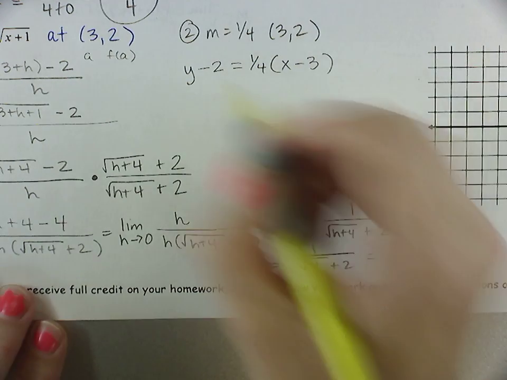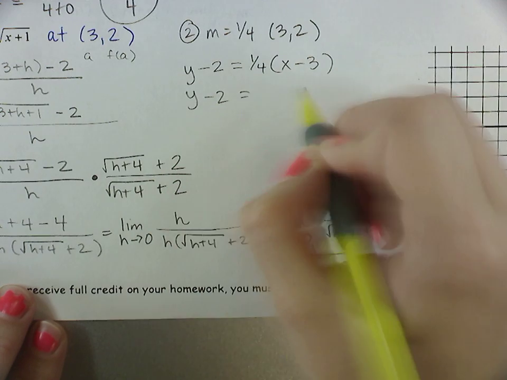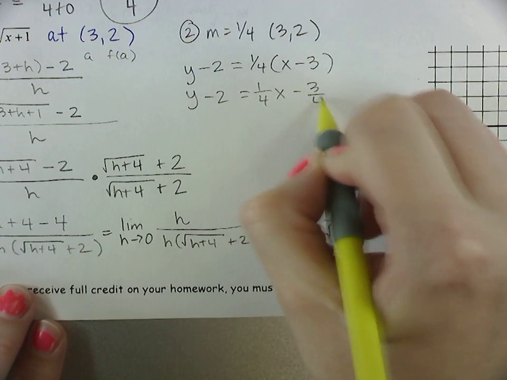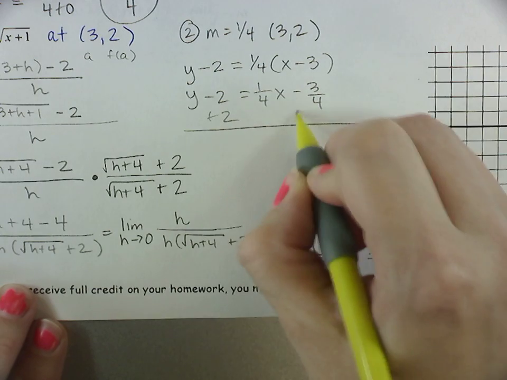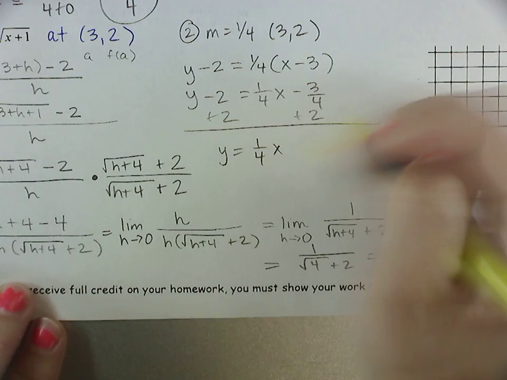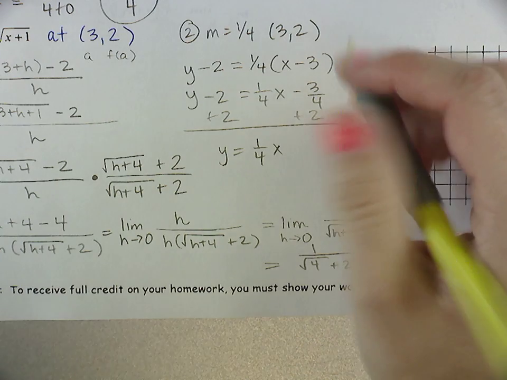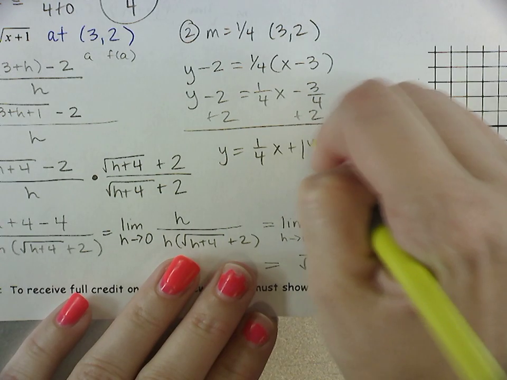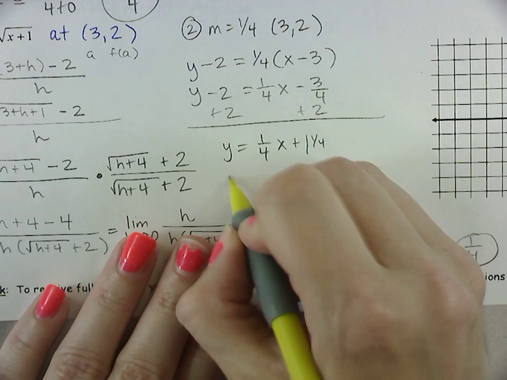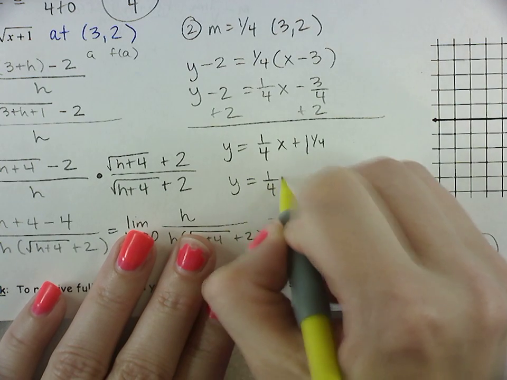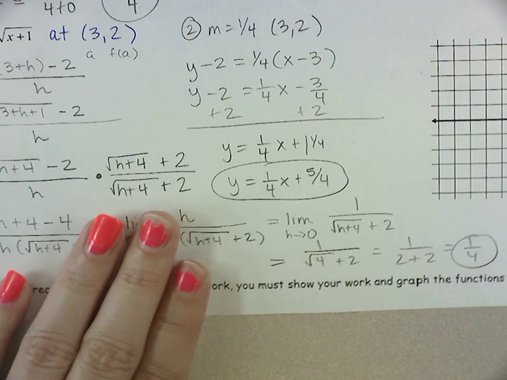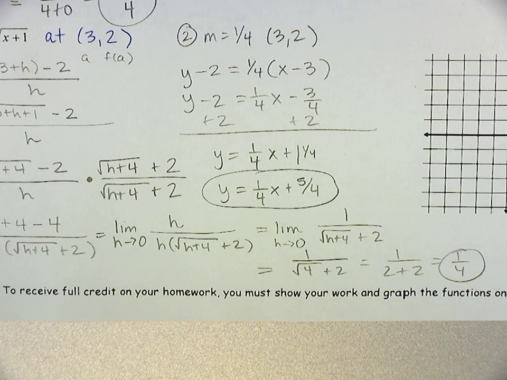So y minus y1, which is 2, equals your slope, and then x minus 3. We're going to distribute 1/4 x, which would be negative 3/4, plus 2. So y would be 1/4 x, and if I do 2 minus 3/4, that's 1 and 1/4, 1.25, or 5/4, which is what I would prefer, the 5/4.